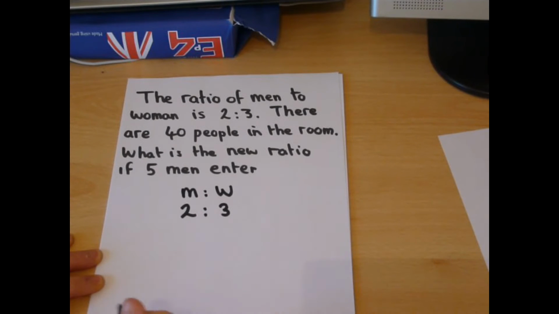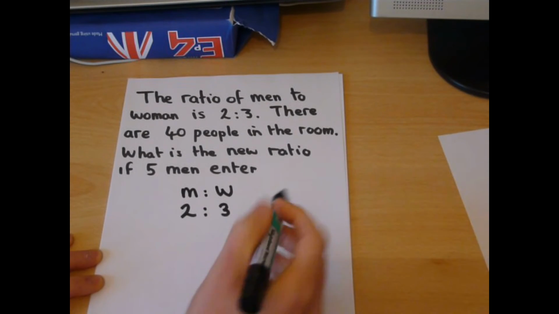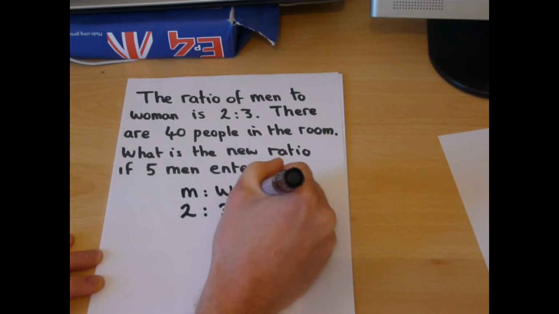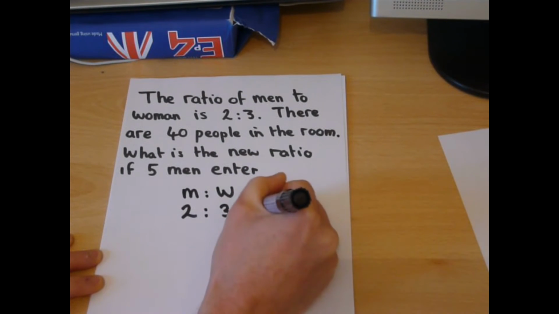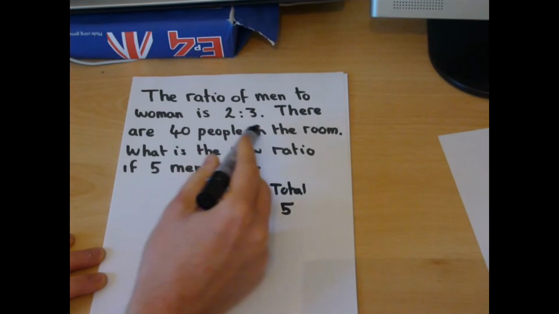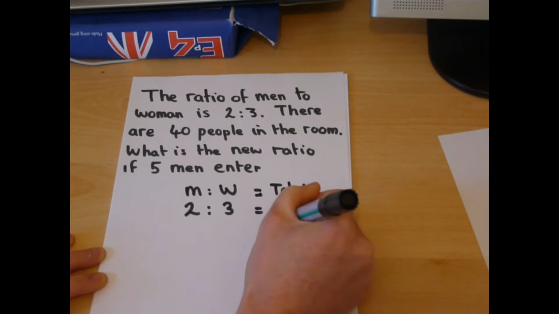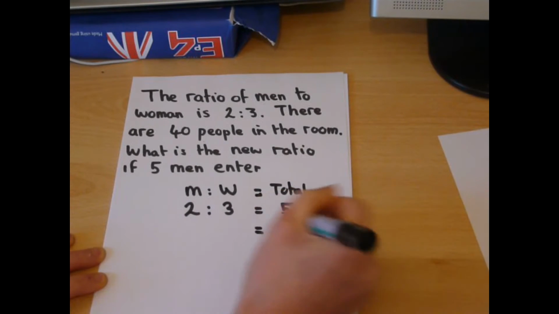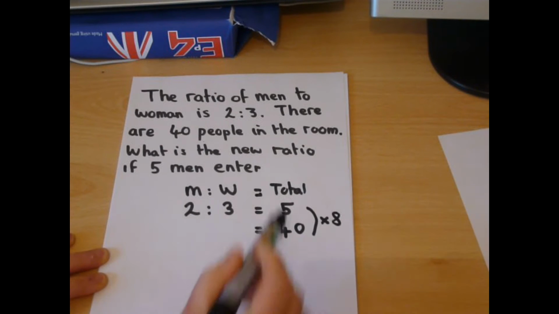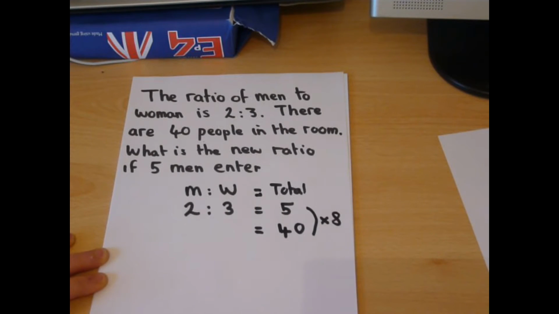Per group, if there's 2 men and 3 women, there is a total of 5 in each group. But there are 40 people in the room. If there are 40 people, that must be 8 groups, because 5 times 8 is 40.